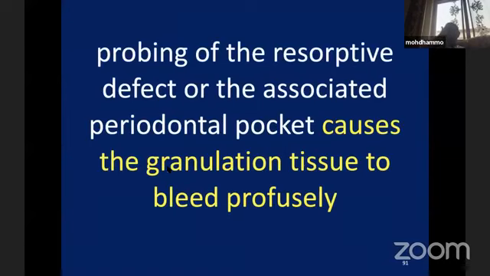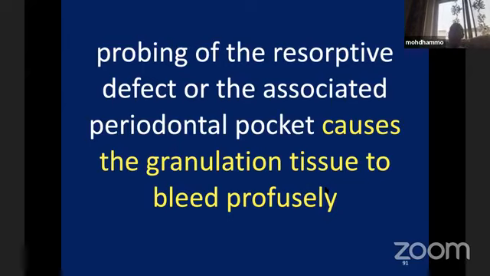Another important examination we can make is when we use our probe: probing of the resorptive defect or the associated periodontal pocket. If we examine with our periodontal probe, we will notice that the resorptive defect or associated periodontal pocket contains granulation tissue, and it will bleed profusely.